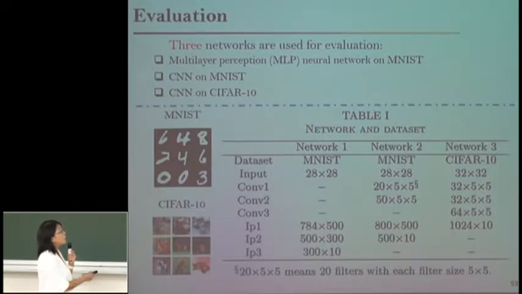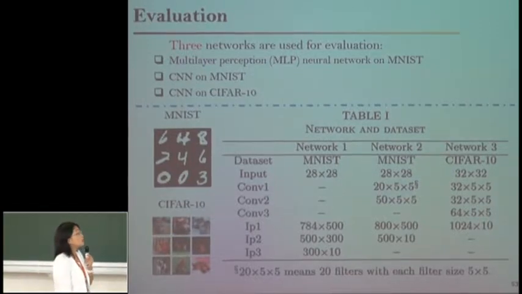For the evaluations, we tried different networks, the multi-layer perceptron MLP and CNN structures. We tried MNIST and CIFAR-10. MNIST is, as we talked about many times, handwritten digits in white and black. And CIFAR-10 is colorful images, so it's more complex.